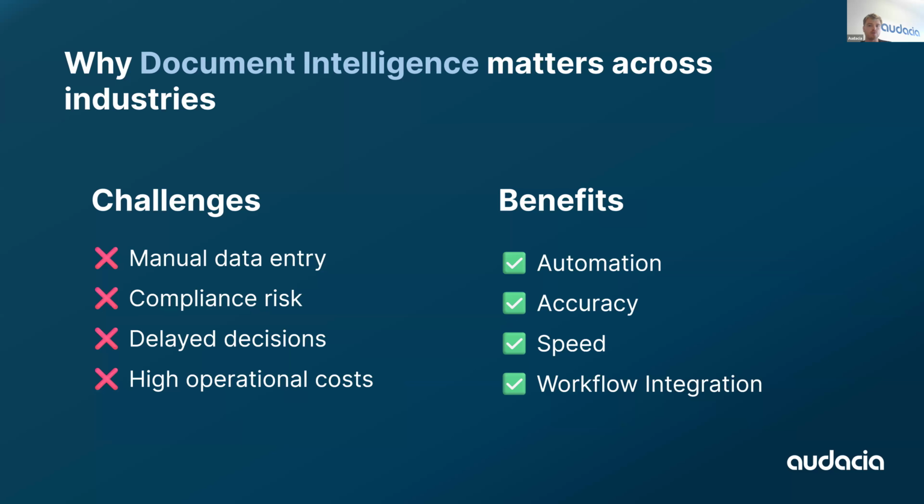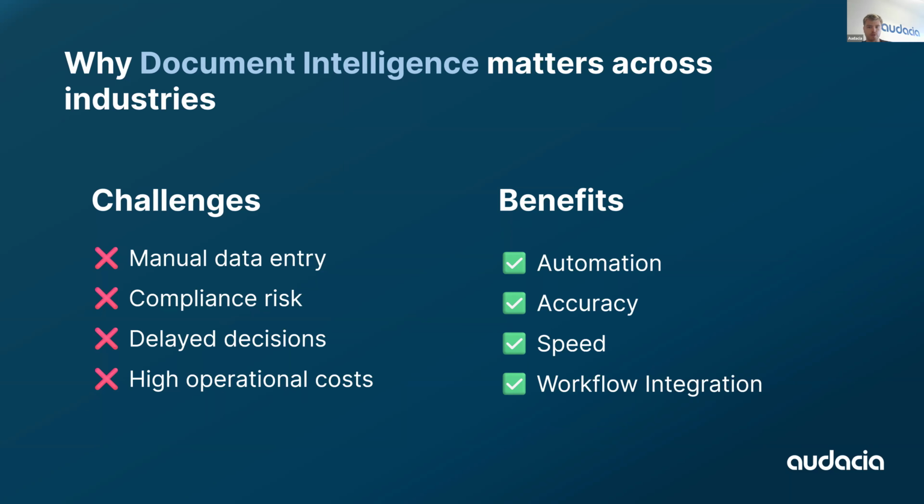Moving on to the compliance risk. A lot of documents that get processed will potentially have sensitive information. Documents might have first name, last name, date of birth. These are all personal identifying information.